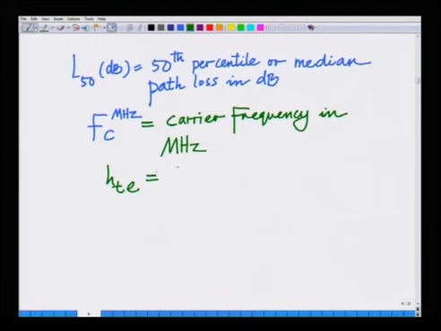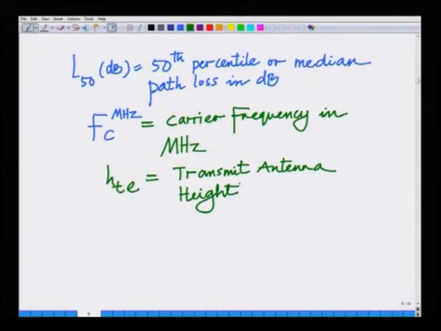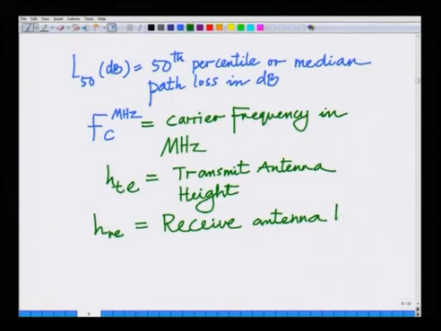HTE equals the transmit antenna height, HT, and HRE equals the receive antenna height, and AHRE is the mobile antenna correction factor.